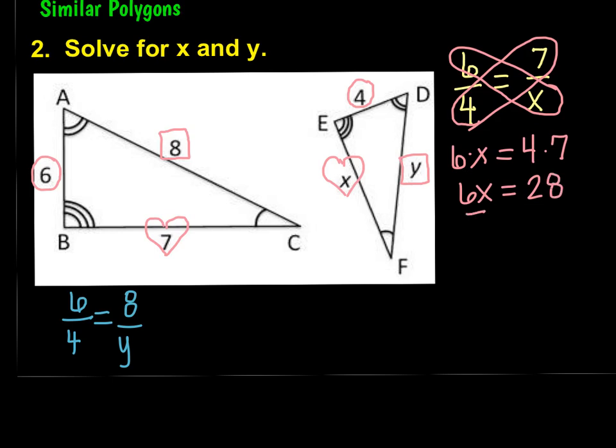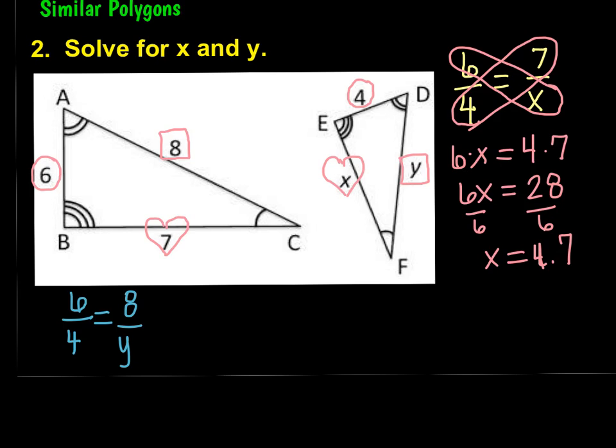We're going to divide by 6 on both sides, and x is going to equal 4.7. Okay, I rounded to the nearest tenth. So the length of x would be 4.7.